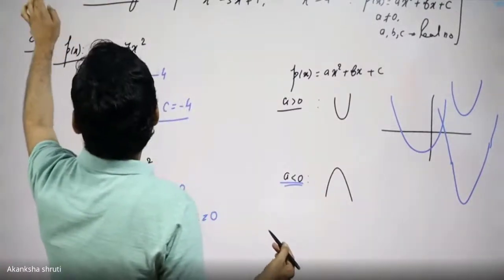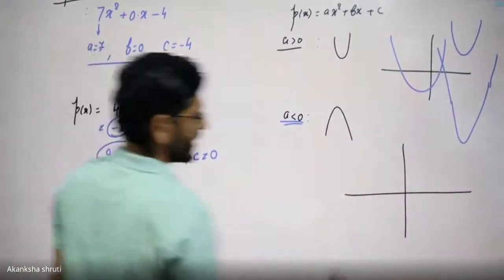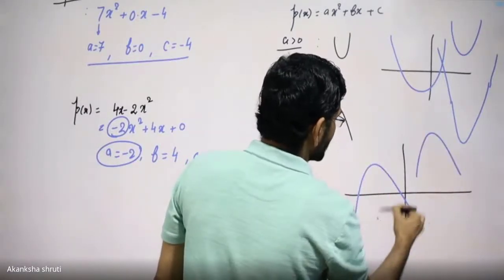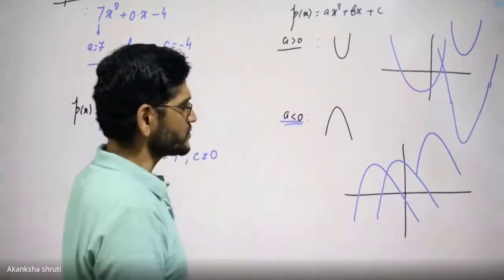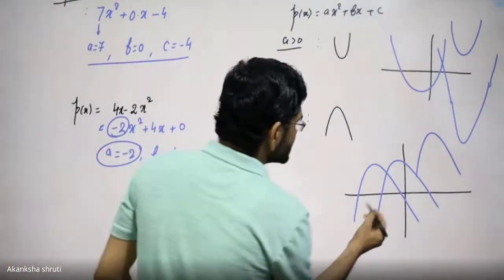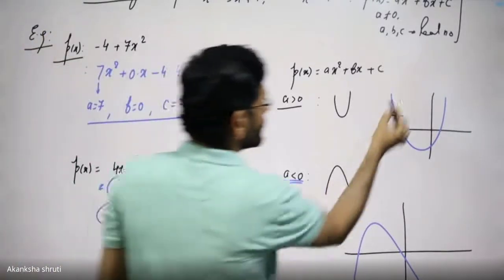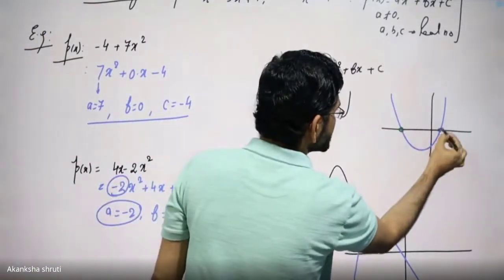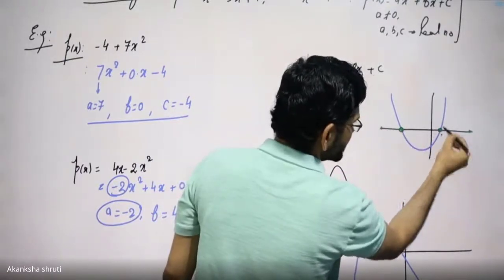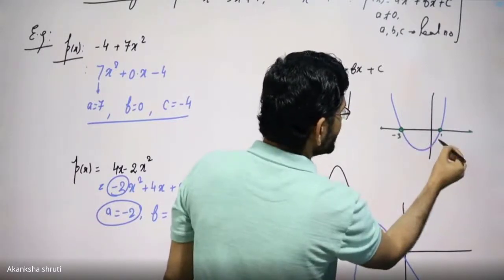If we plot the graph for this situation, it can be anywhere, but surely it will be downward. Keep in mind, if we consider only one graph, that will be better. The points where this curve cuts the x-axis, we may consider this as 1 and this as minus 3, are giving us the zeros.